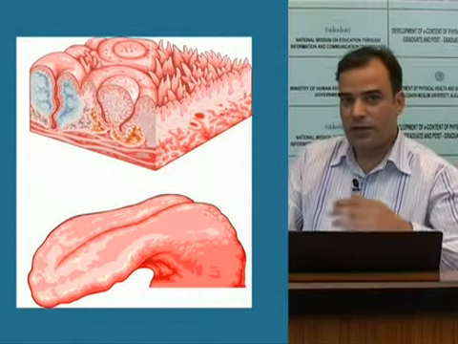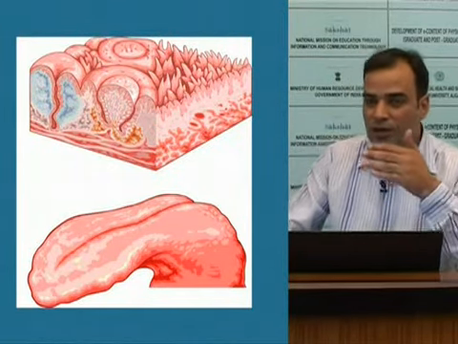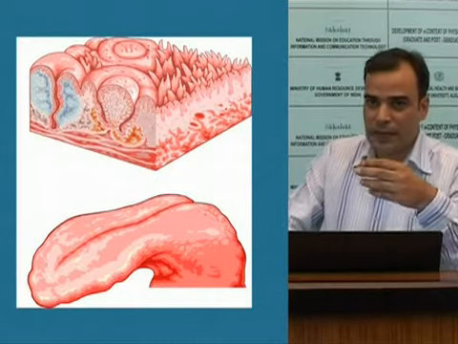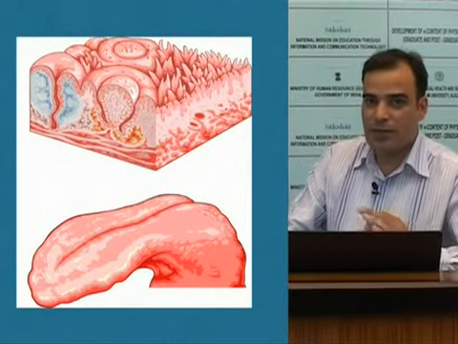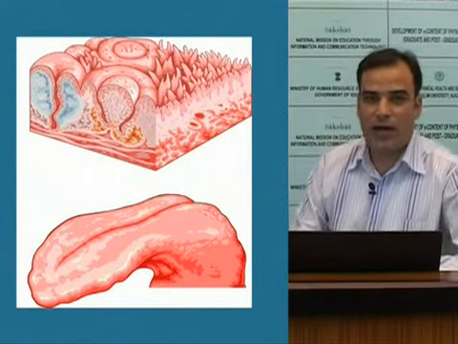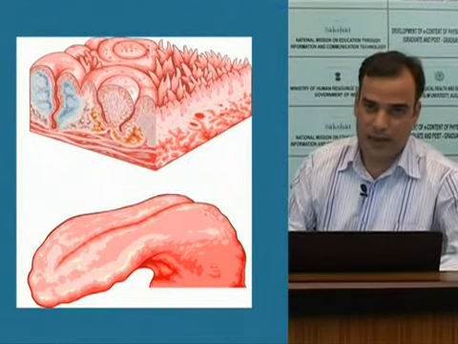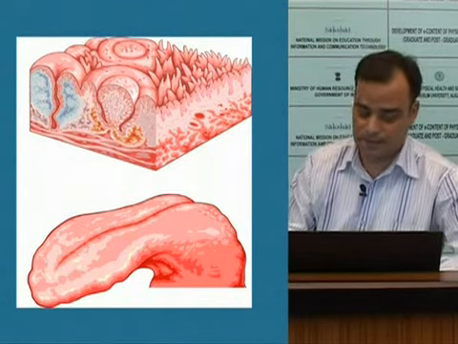You must have observed your tongue in a mirror, and you have seen that it's very rough on the dorsum, on the superior surface. This roughness is basically due to the projections present on the mucous membrane of the tongue, and these projections are called papillae of the tongue, and these papillae give the tongue its characteristic roughness.